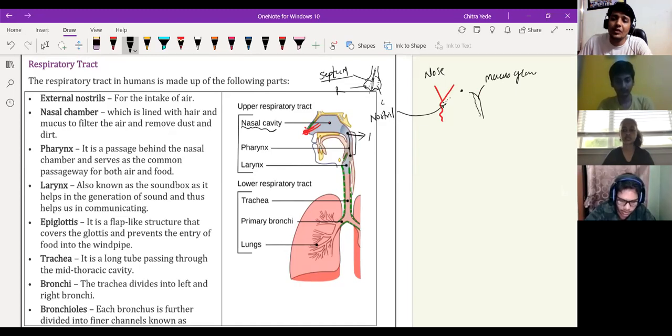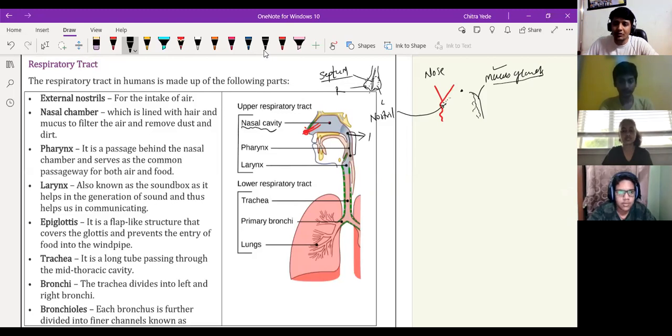The mucous glands secrete mucus, and fine dust particles, viruses, bacteria and pathogens get trapped in it. Sometimes we remove that mucus along with bacteria, viruses or dust particles through sneezing or by coughing.